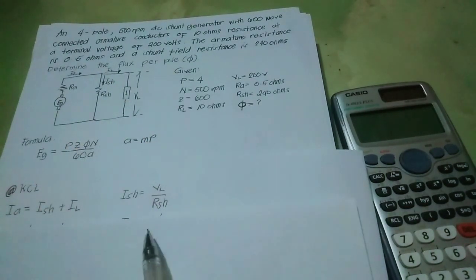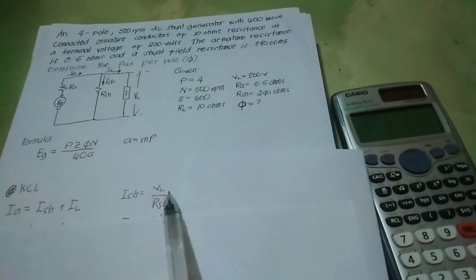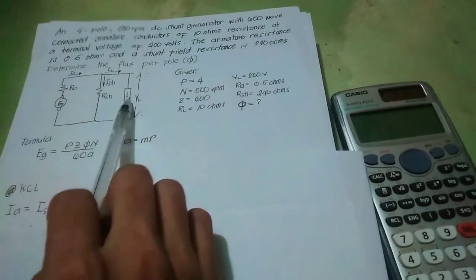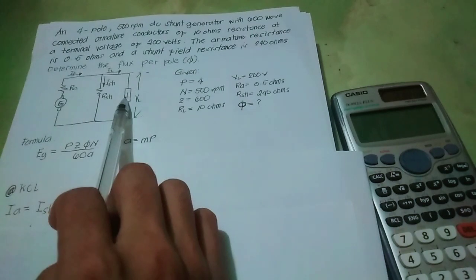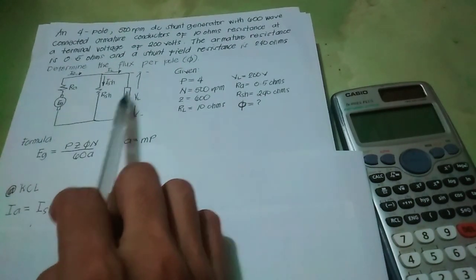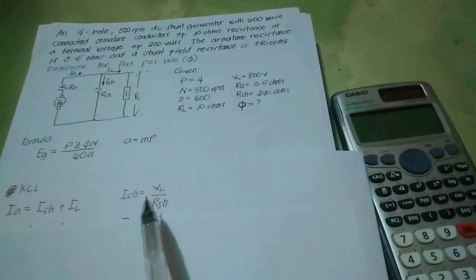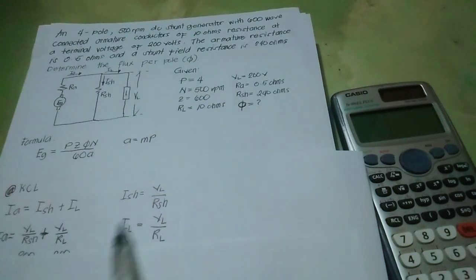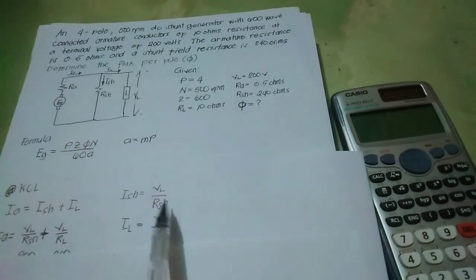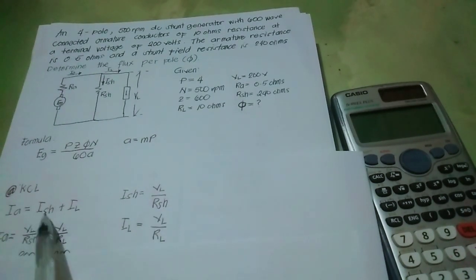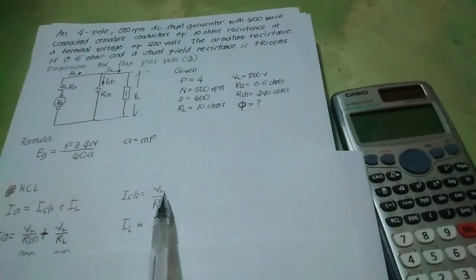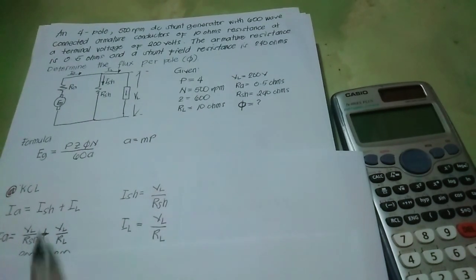In getting the IHS, we have the load voltage over the RHS, since they are in parallel, they have the same voltage. We also have IL equals VL over RL. So we need to put this in here.